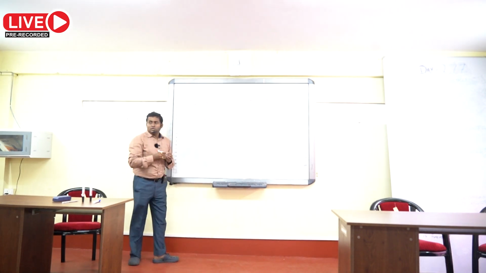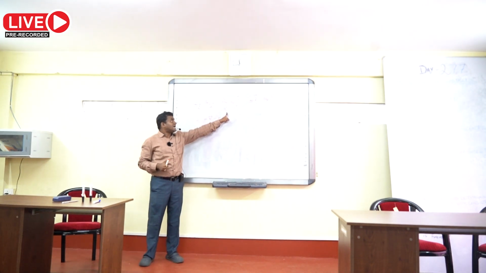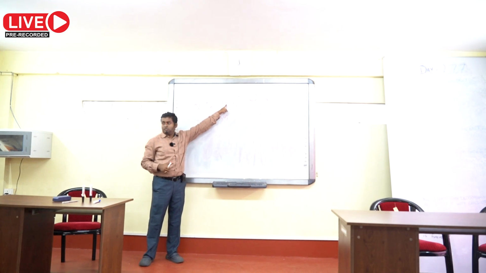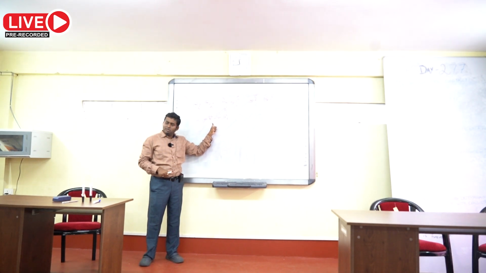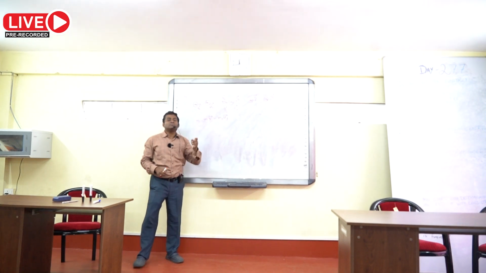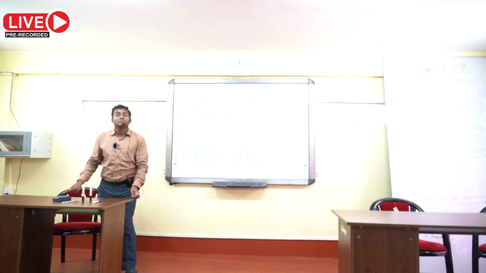So this force is acting on body 1. So the change in momentum of body 1: M1V1 is the final momentum, M1U1 is the initial momentum. So change in momentum will be M1V1 minus M1U1. That change in momentum occurs in how much time?